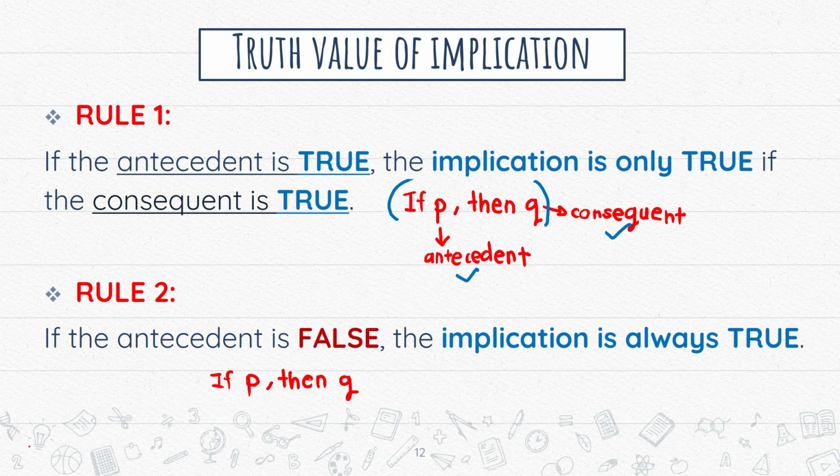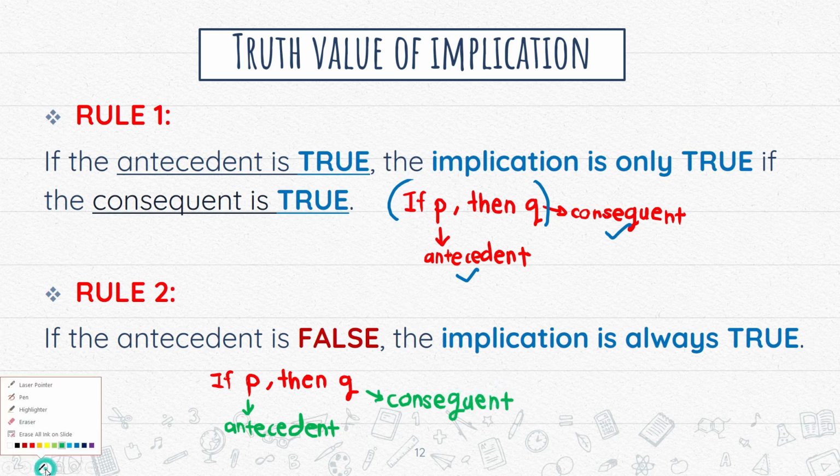Which one is the antecedent, P or Q? P. This one is the antecedent, and this one is the consequent. I already showed you this example above. And then what does rule number 2 mean? If the antecedent is false, then the implication is always true.